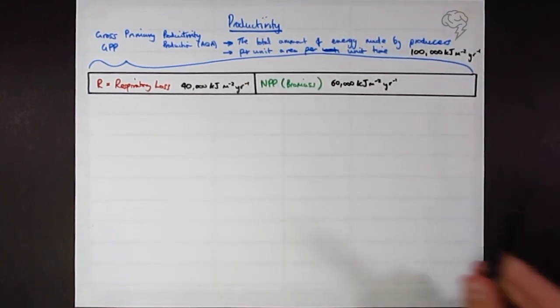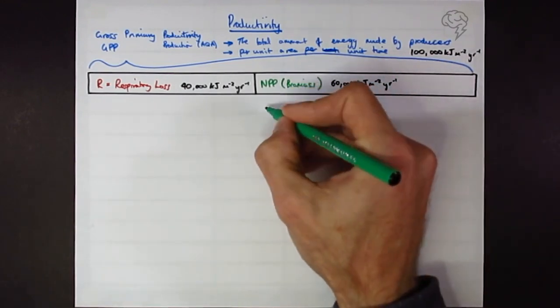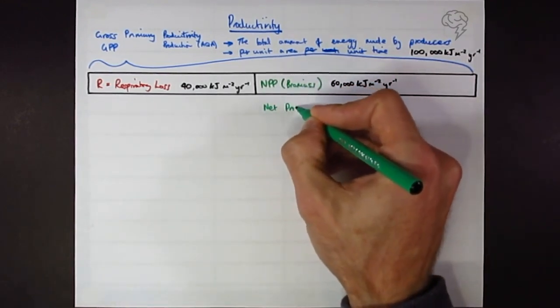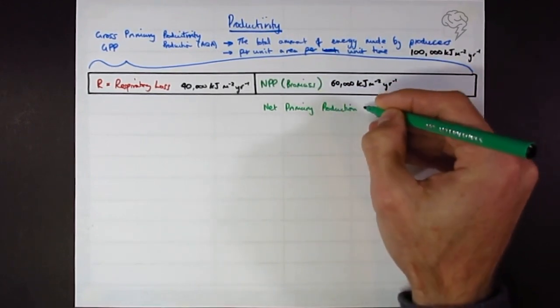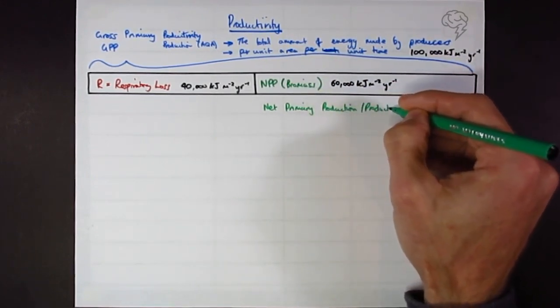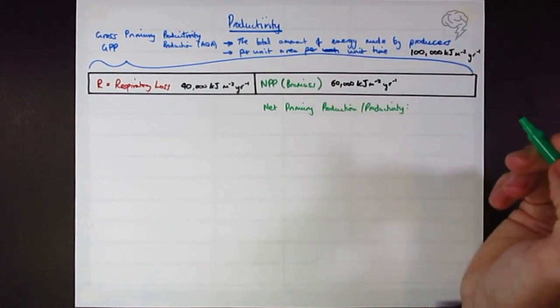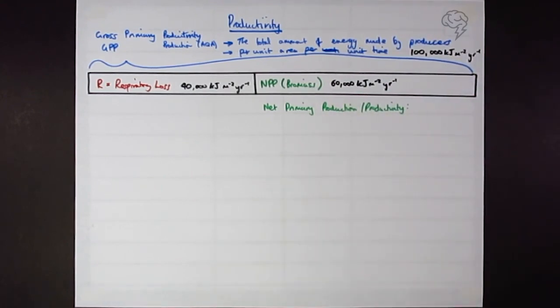Okay, so let's define net primary production or net primary productivity. So production, AQA, productivity, everybody else. So this is the amount of chemical energy that a producer, because it's primary, it's the producer, stores as biomass.